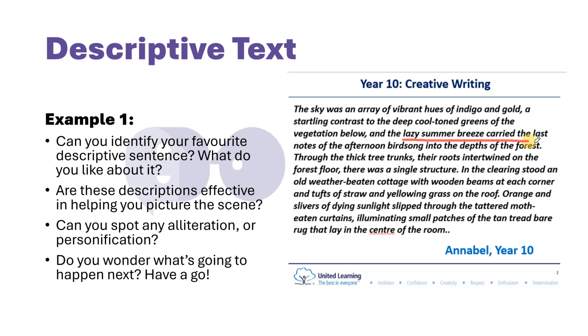Personification is an instance where an object or effect acts in a human-like way, or it's compared to a human behavior. So, for example, the lazy summer breeze carried the last notes of the afternoon bird song. Slivers of dying sunlight slipped through the tattered moth-eaten curtains.